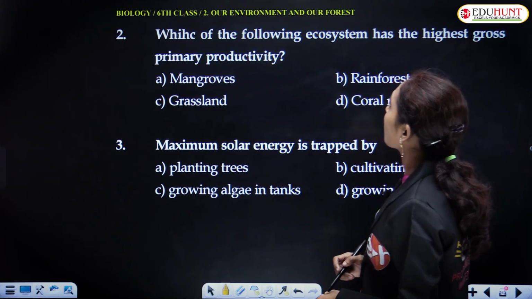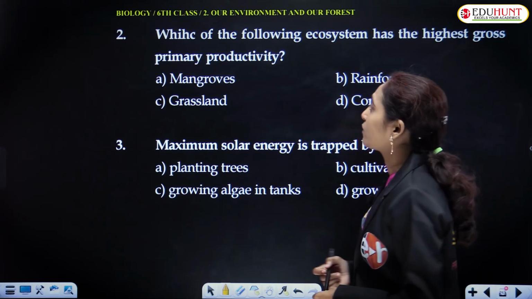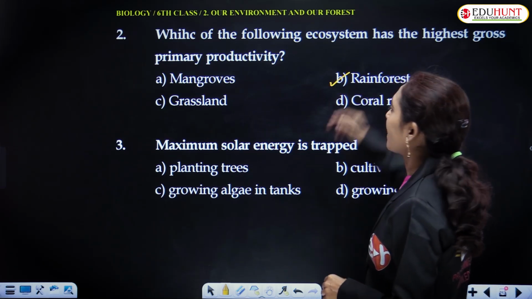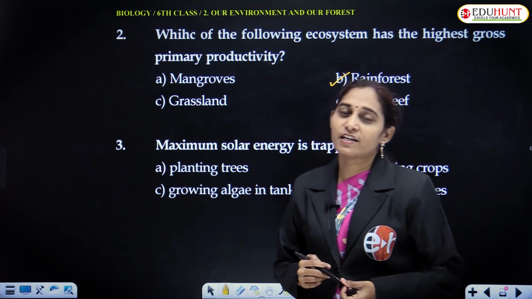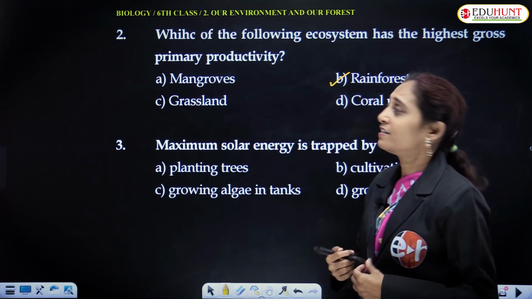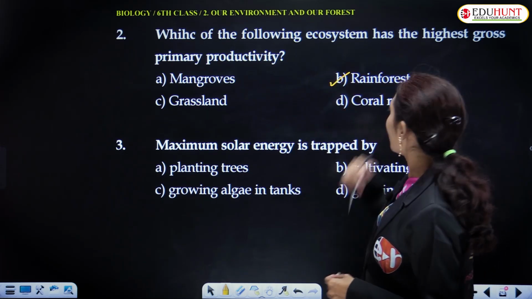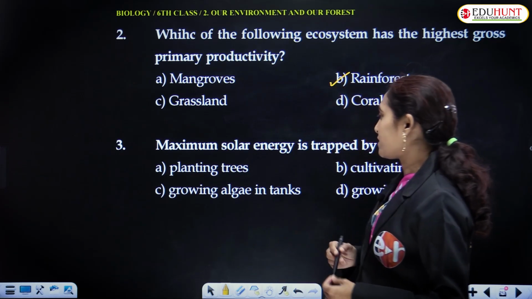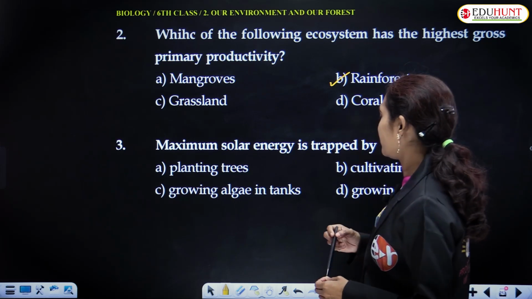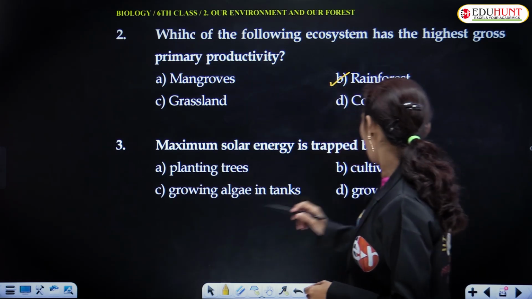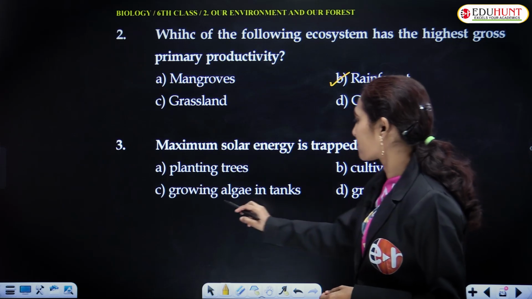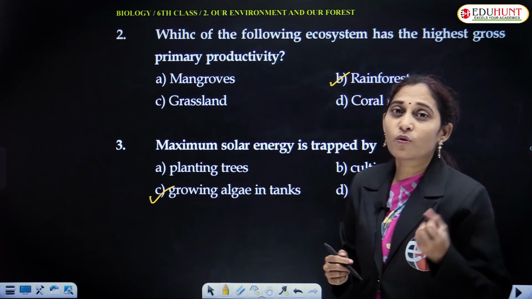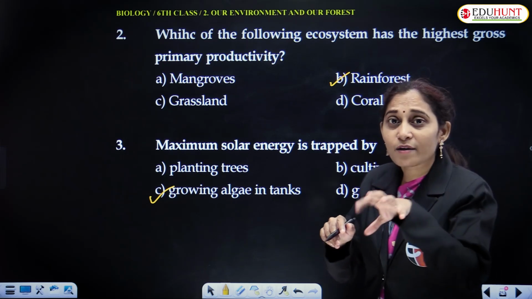Which of the following ecosystems has the highest gross primary productivity? Yes, you are right. That is rainforest. Rainforest ecosystem has the highest gross primary productivity among all these. Maximum solar energy is trapped by planting trees, cultivating crops, growing grasses, growing algae in a tank. This is more because they trap more energy in a unit area.